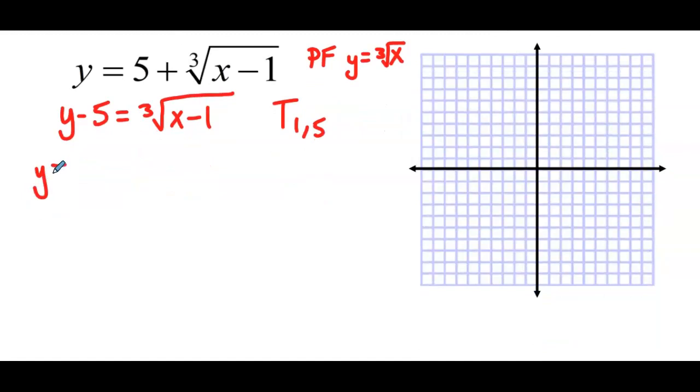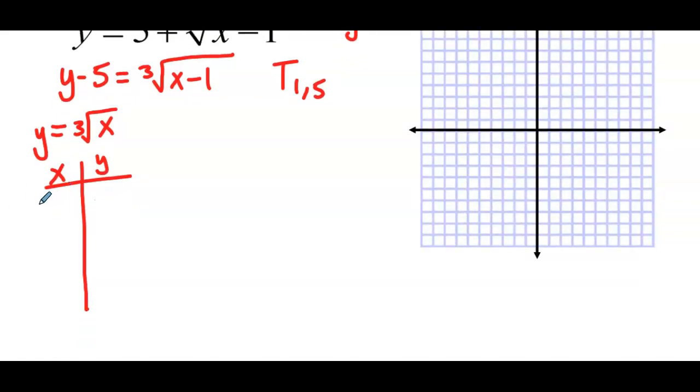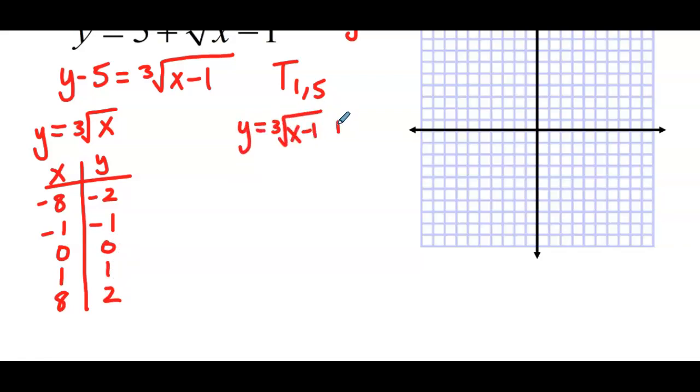So our parent function, let's create that table of values. Now because we're taking the cube root, we want our inputs to be perfect cubes. So -8, -1, 0, 1, 8 would be good inputs. And that will give us -2, -1, 0, 1, 2 as our y's. Then we have y equals the cube root of x minus 1. Let's write it the way the problem did.